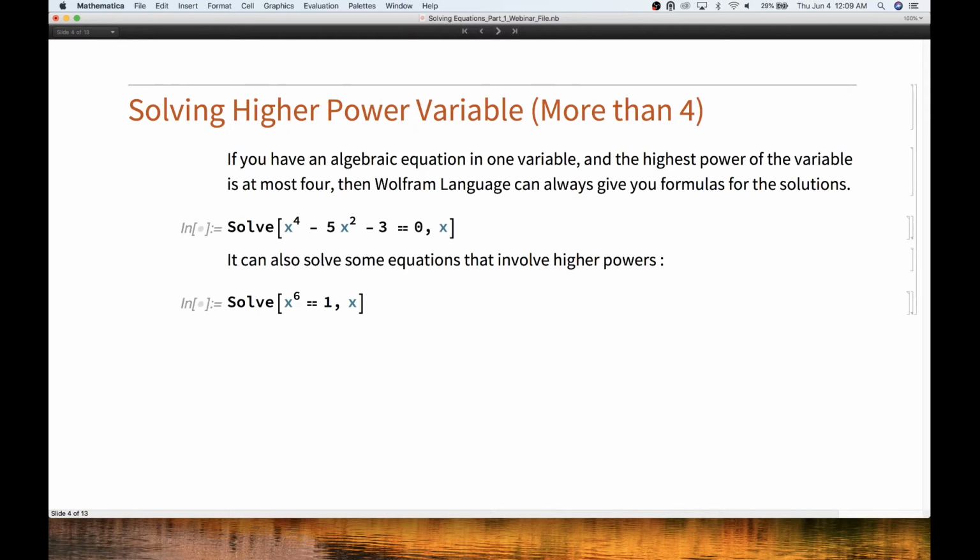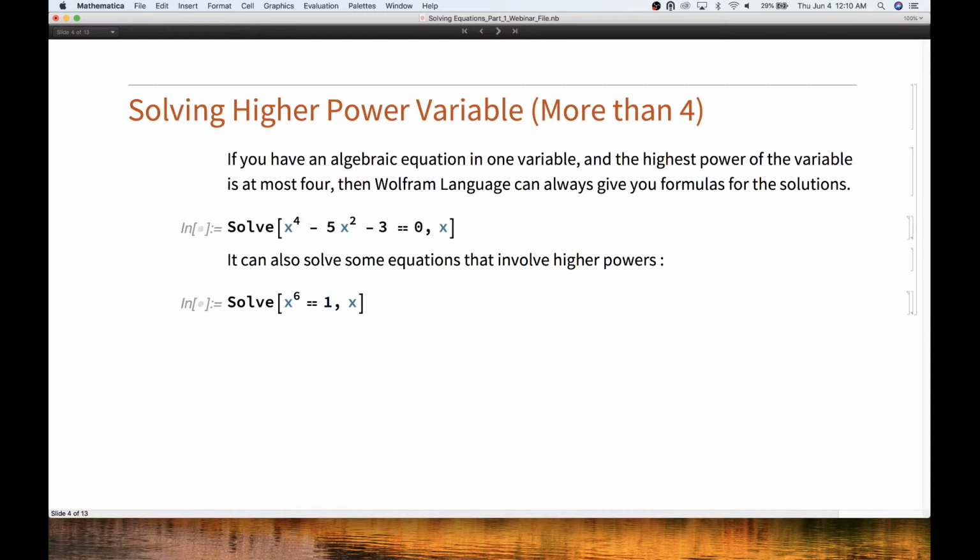Let's see, Solve always tries to give you explicit formulas for the solutions to equations. It is a fundamental mathematical fact that for equations of degree 5 or higher, it is no longer possible in general to give explicit formulas for solutions in terms of radicals.